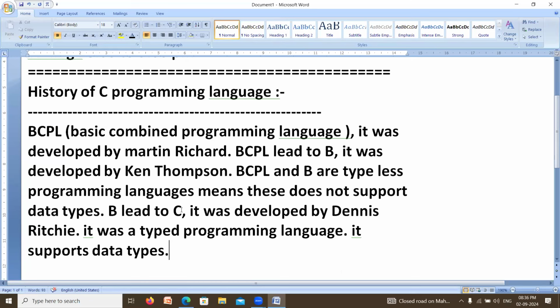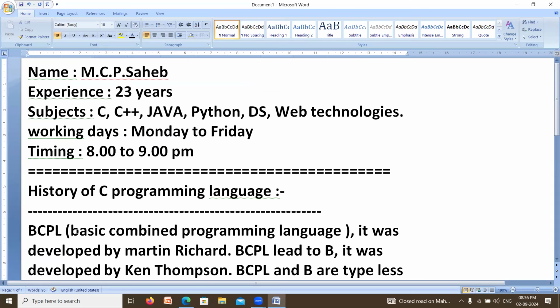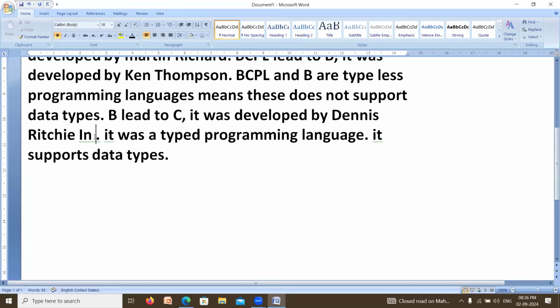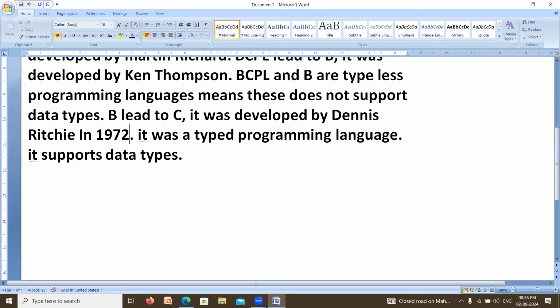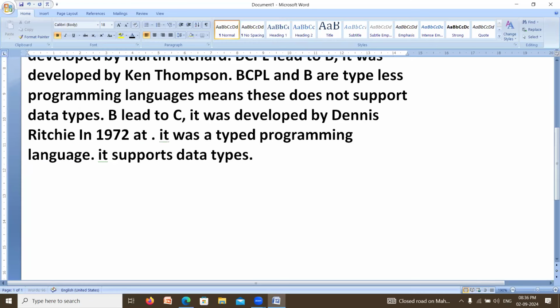So actually C is a programming language developed by Dennis Ritchie in the year 1972 at AT&T Bell Laboratory.